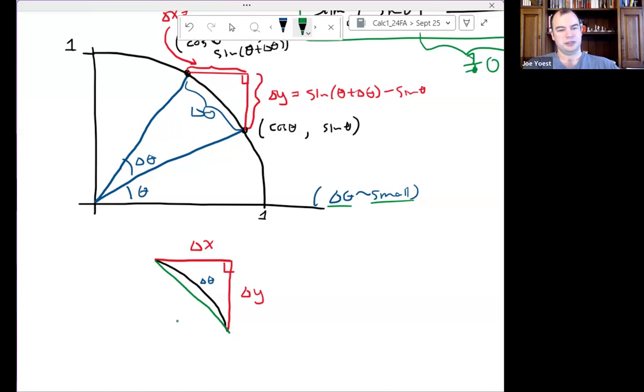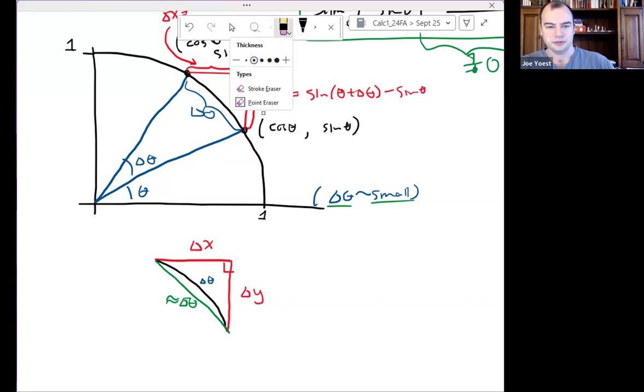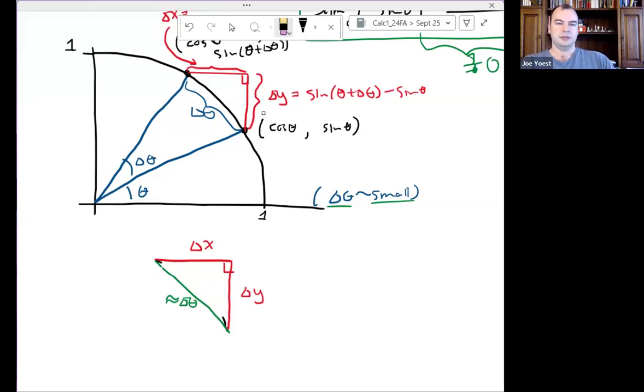So the green line distance is approximately delta theta. So let me come in here and erase the black curve. So I have this approximate triangle here. This green delta theta is approximate, but in the limit as delta theta goes to 0, this approximation is going to get closer and closer and closer to being accurate. And in the limit, it will be accurate.